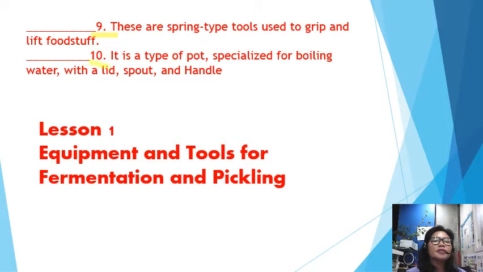You're going to give the name of the tools being described in each number. Number 10, it is a type of pot specialized for boiling water with a lid, spout, and handle. So that's for the pre-test.